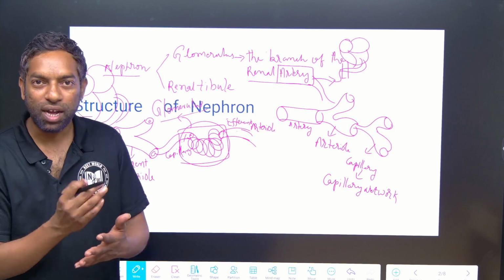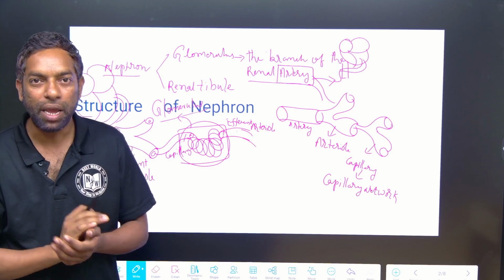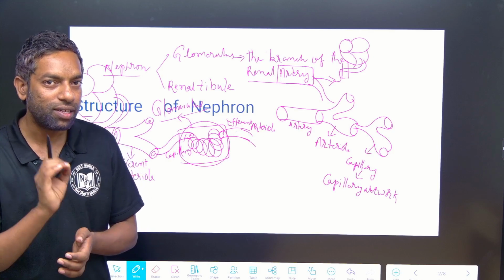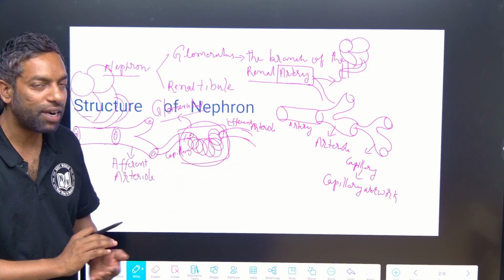Glomerulus by itself does not make the nephron; there is also a renal tubule. This is the circulatory part.